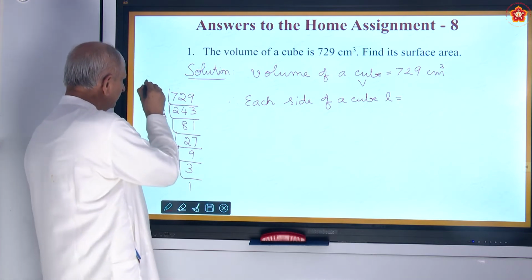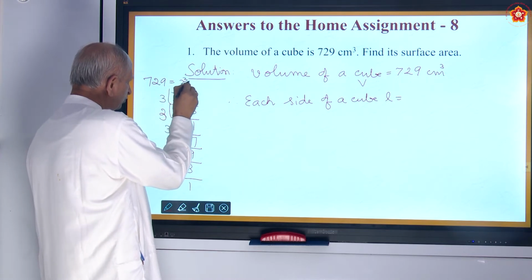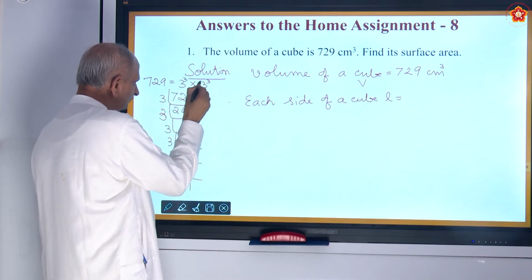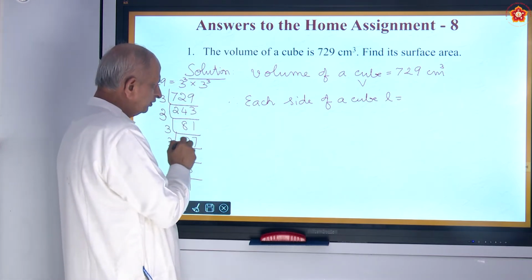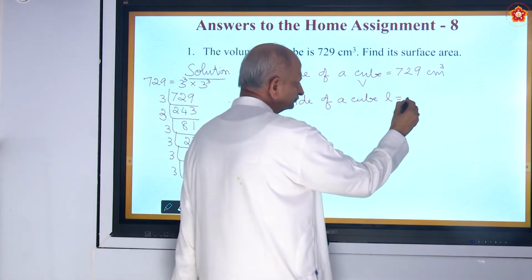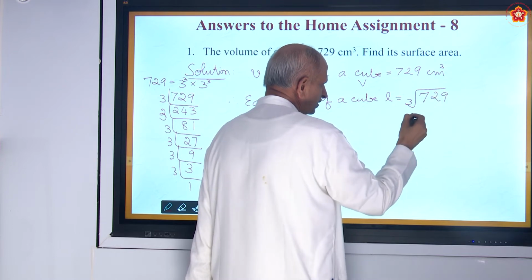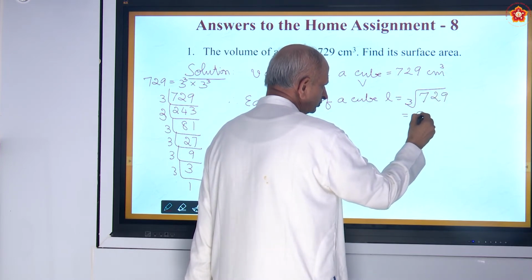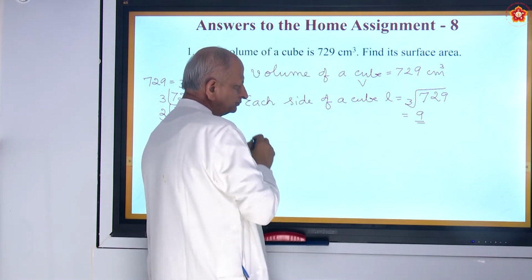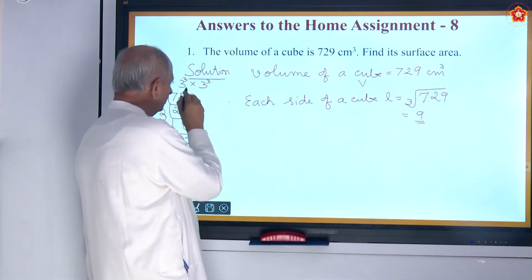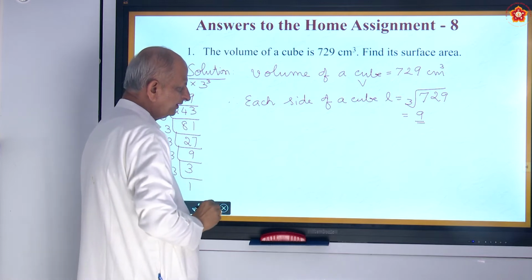So 729 can be written as 3 cube into 3 cube, and the cube root of 729 is 3 into 3, that is 9. The cube root of 3 cube is 3, again the cube root of 3 cube is 3, so 3 into 3 becomes 9.